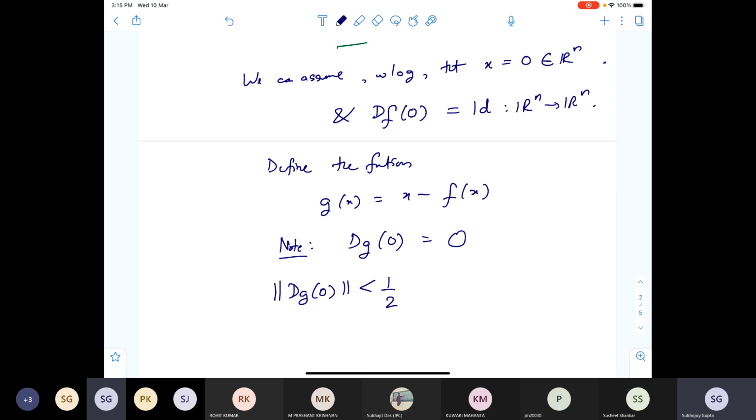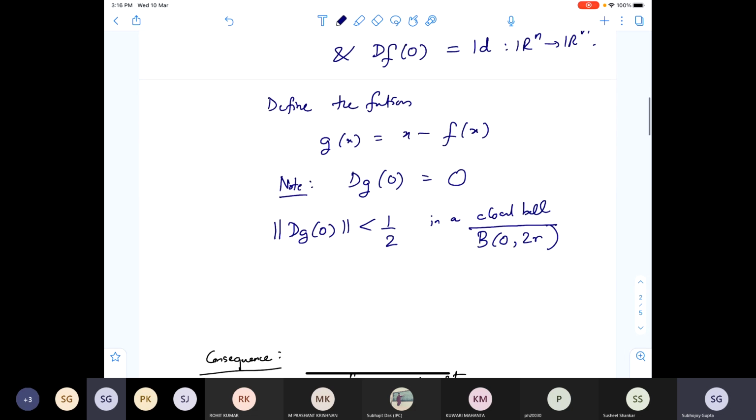That might be a definition of a norm. So this is less than half in a closed ball around the origin. Let me call the ball radius 2r.